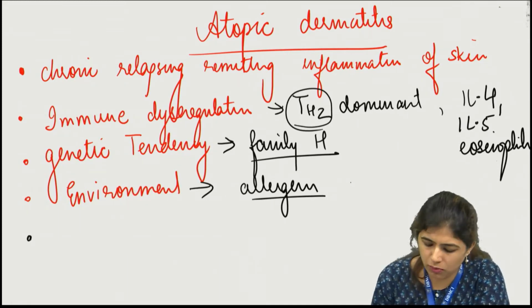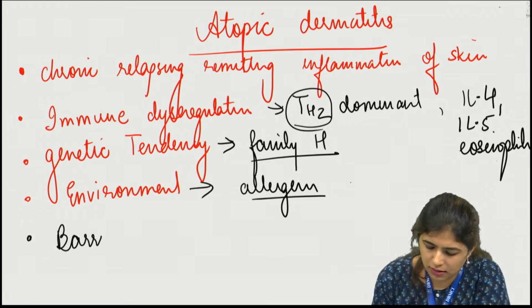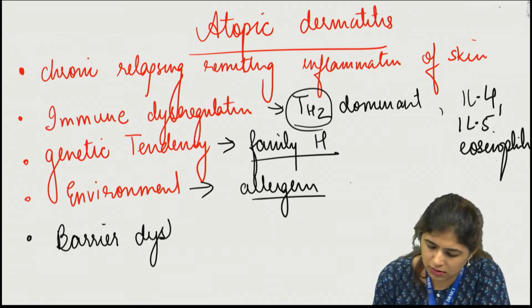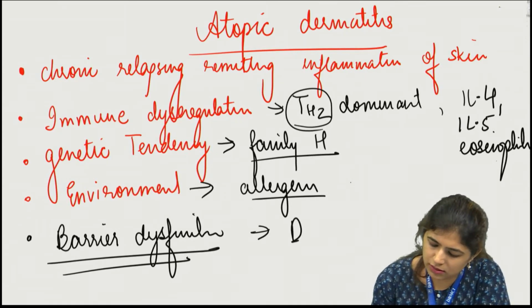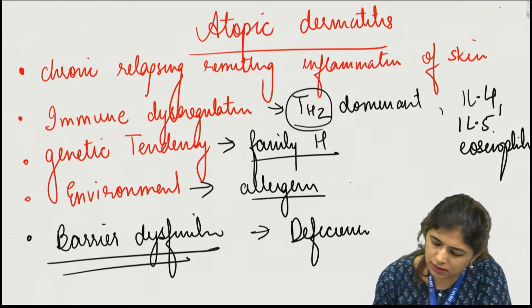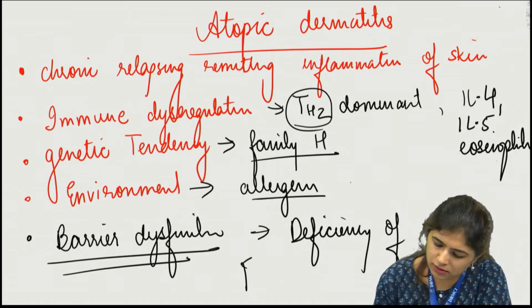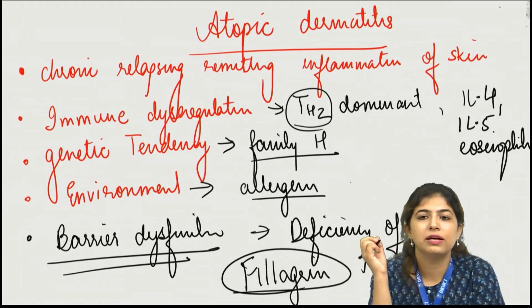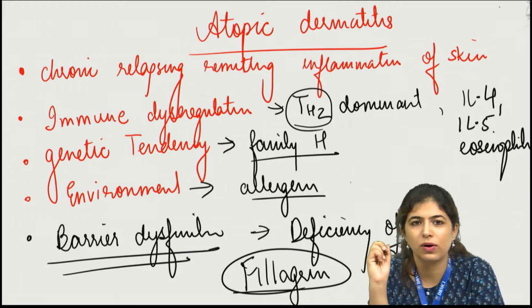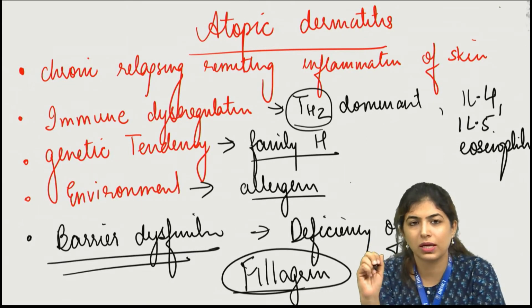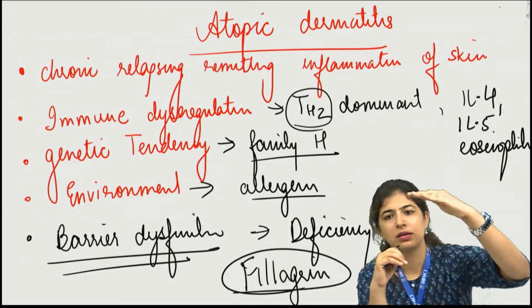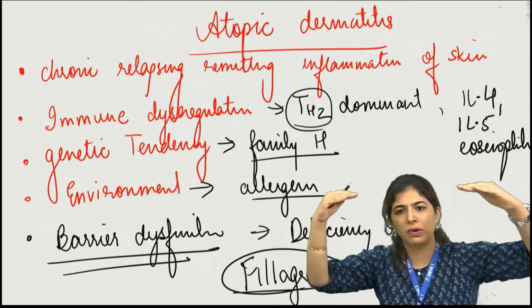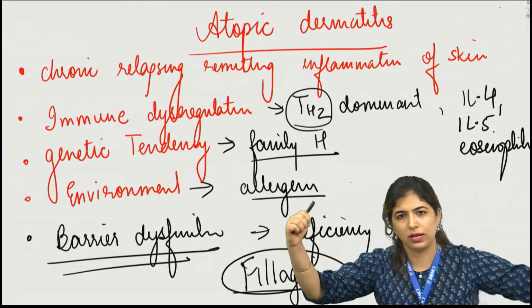However, the most important point is barrier dysfunction. There is a deficiency of filaggrin. If you remember, filaggrin is present in the keratohyaline granules of the stratum granulosum in the epidermis. It helps in keratinization, forming the impermeable barrier of the stratum corneum.